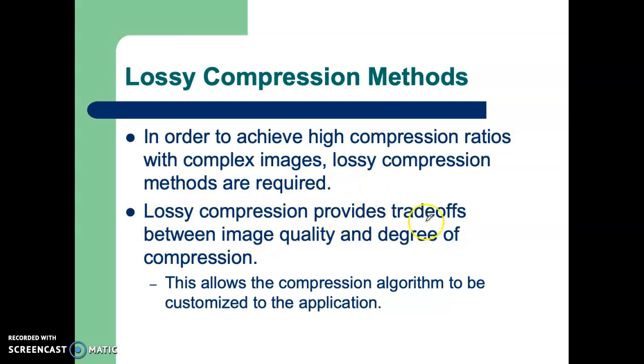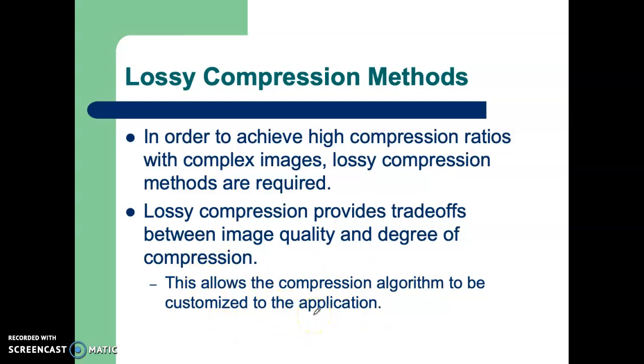Lossy compression provides trade-offs between image quality and degree of compression. You don't have to get a high compression ratio, but if you do, you lose information and the quality is reduced, so you have to trade off between these two.